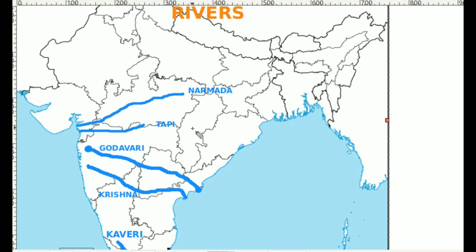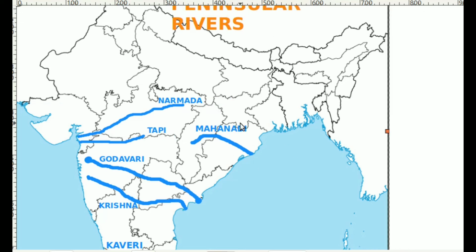Now we are going to mark Mahanadi. Just mark the starting point and ending points. Northern ending point is northern side of Chilka Lake. Starting from Chhattisgarh, it almost passes through the mid of Orissa.